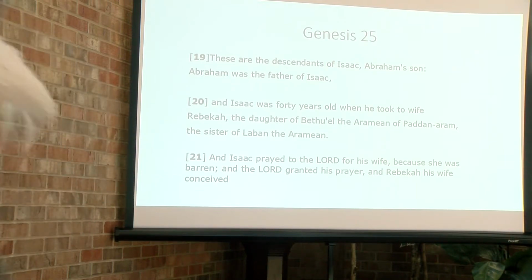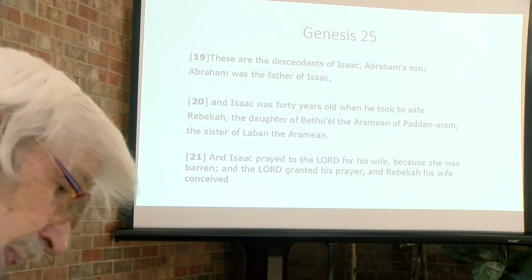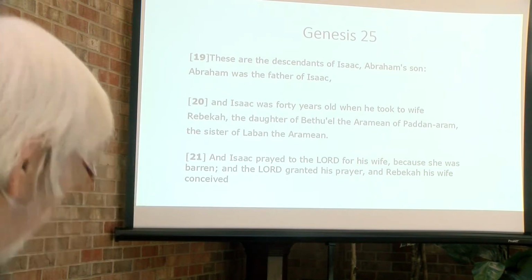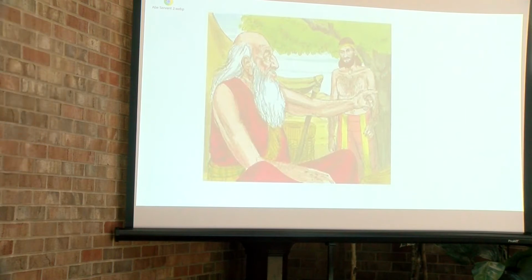And what he did was to send one of his servants all the way up to Padan Aram. Padan Aram is where Abraham had lived with Terah when they had left Ur of the Chaldees. It is way, way up north. You'll see a map in just a moment. He was hoping that they would find a wife for him. This is Abraham sending this servant up there.